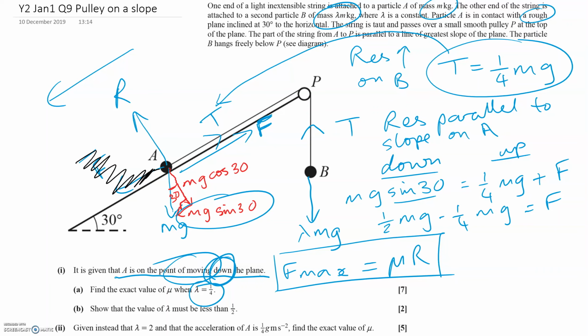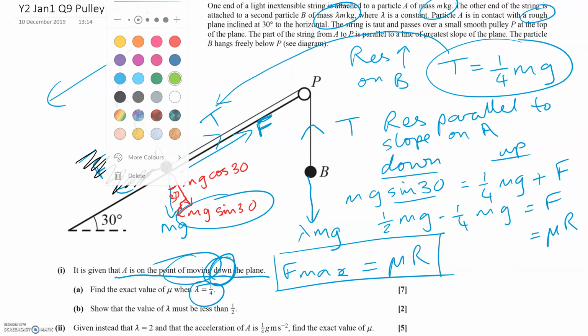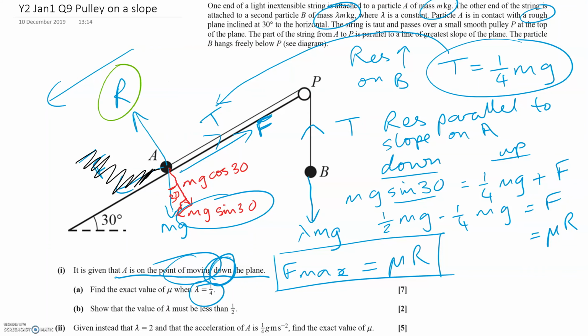Now, as I said before, this will be maximum friction, so this will equal mu R. Looking at the diagram, R is the only force perpendicular to the slope going up, and that will equal this force here. So R will equal mg cos 30.